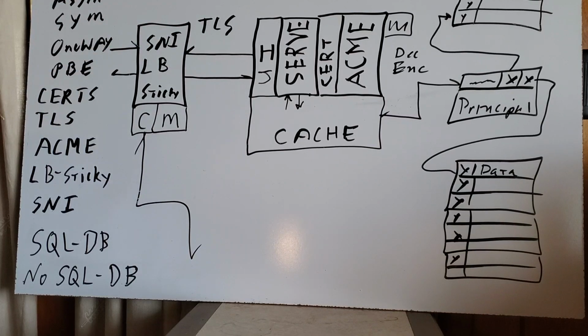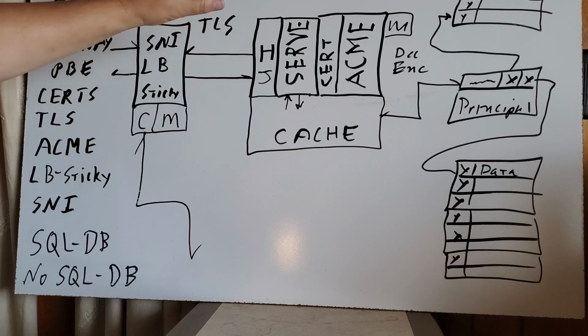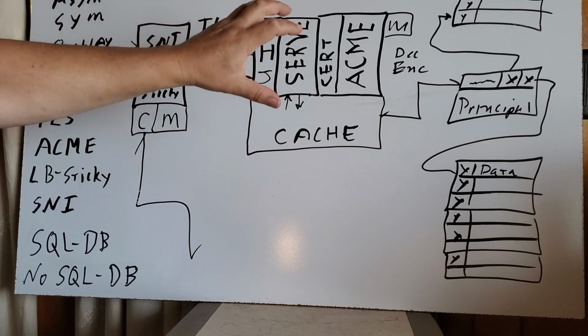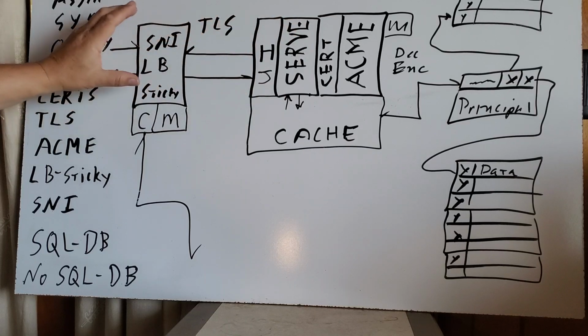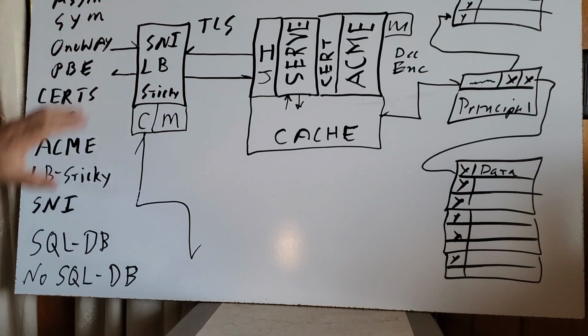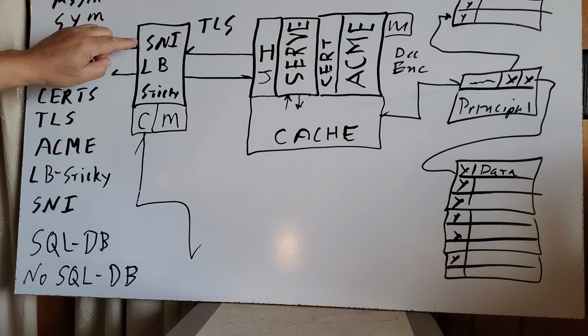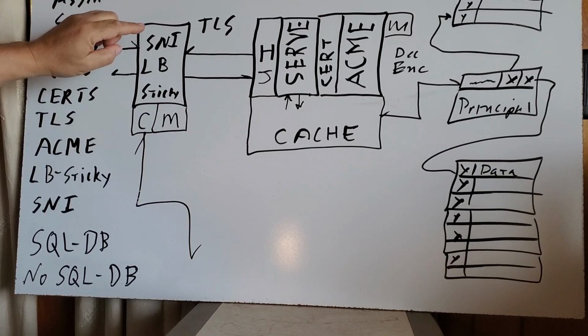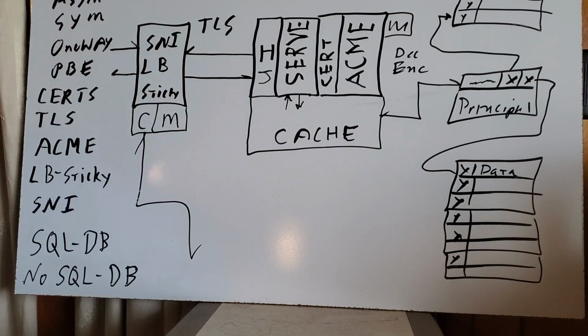So, just to be simple about it, you could host both a Google site and say a Facebook or an eBay site on the same group of servers, and a load balancer can pick out the name, either Google or Facebook or eBay, and pick which server to send it to, even though it is encrypted traffic. So that's server name indicator.